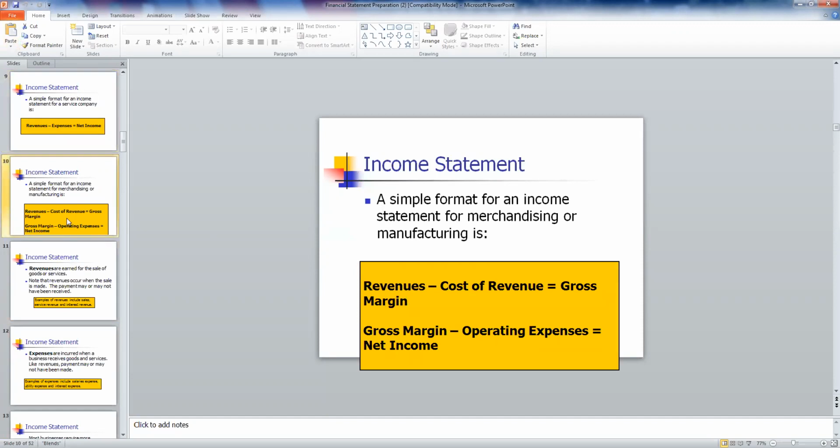So an additional step for a manufacturing and merchandising company is to add in something called cost of revenues. And the reason that for merchandising and manufacturing companies we have cost of revenues is because they sell inventory. So when they sell their product to others, there's a cost that they incur for that product.